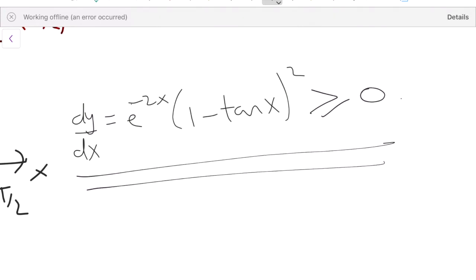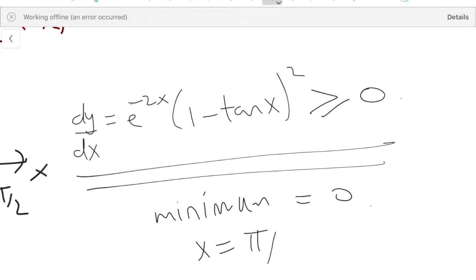So the minimum is obviously 0, and this occurs at x equals pi by 4, because 1 minus tan of x equals 0.